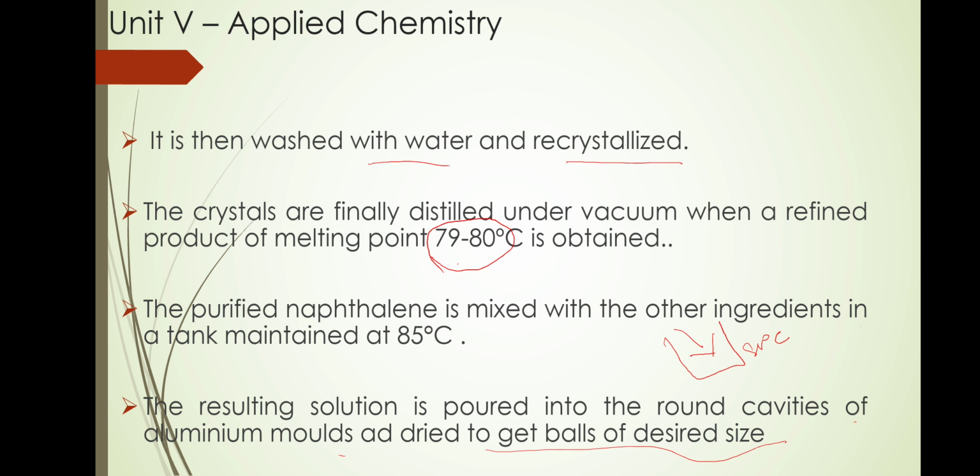This is added to a vessel kept at 85 degrees centigrade, and phenol, camphor, and all the other ingredients are added. At 85 degrees they all mix well and become a liquid. It is poured into the aluminium mold, and we take it in the desired shape. So that is the mothball. Thank you.